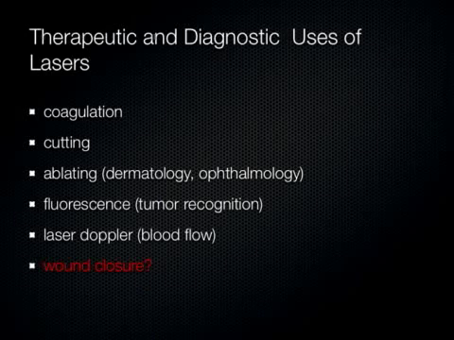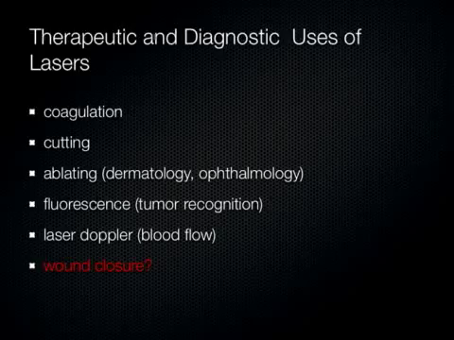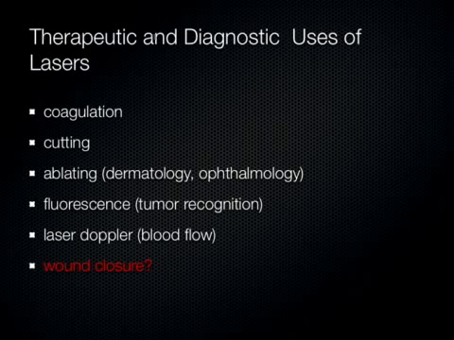But lasers find a number of uses in medical applications of coagulating, sealing off blood flow, cutting, ablating, fluorescing if we add certain chemicals to tissue that, say, will go to places where metabolism rate is highest, then it will concentrate in those places like tumors.